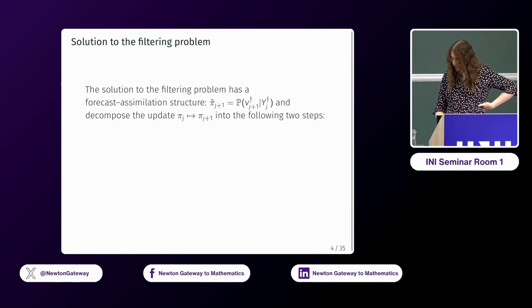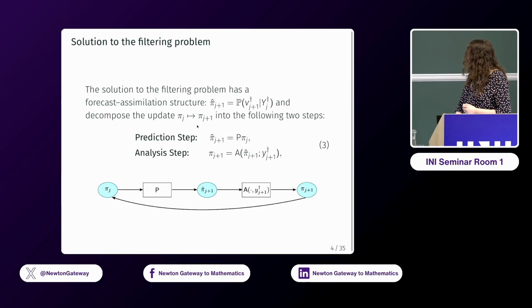Okay, and then what we'd like to do is estimate what we call the filtering distribution. This is the probability of the state given all the past observations. So we want the probability of Vj given Yj, that's pi j, which is the filtering distribution.